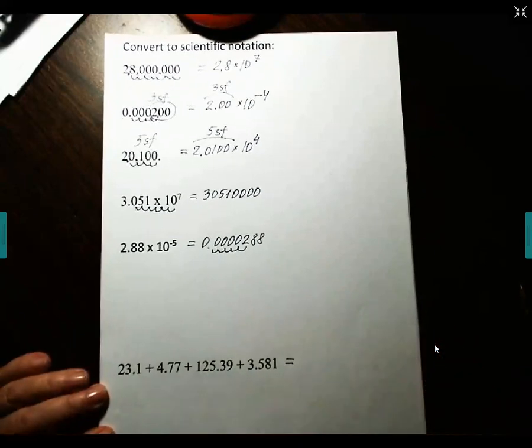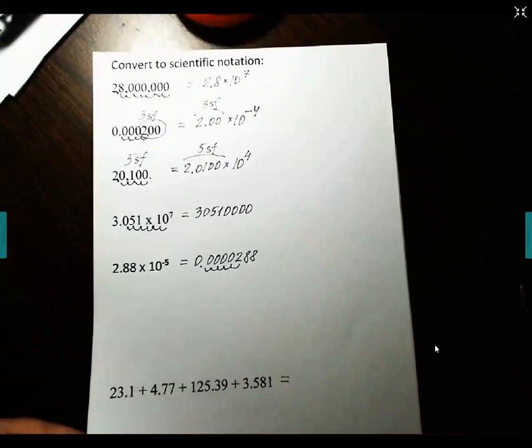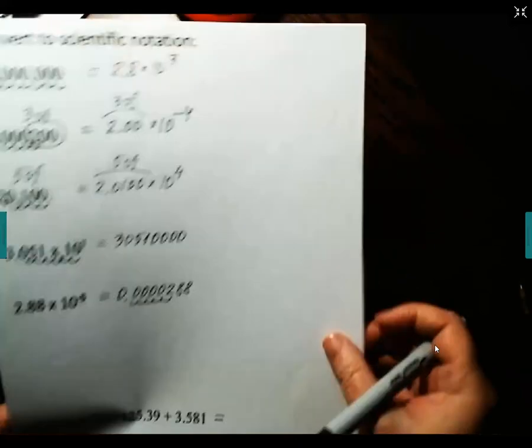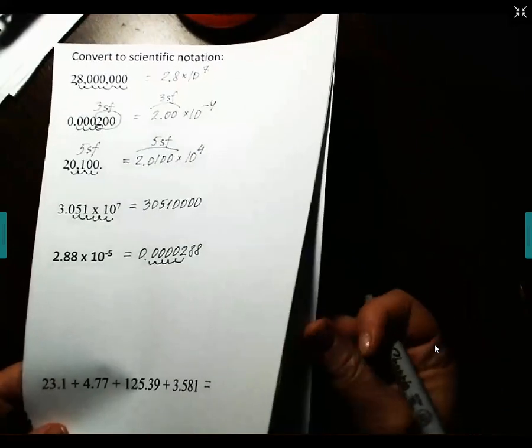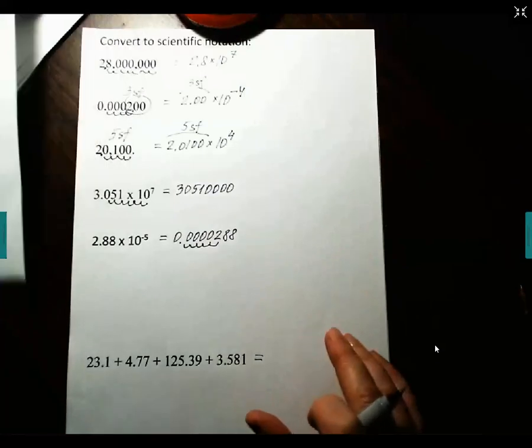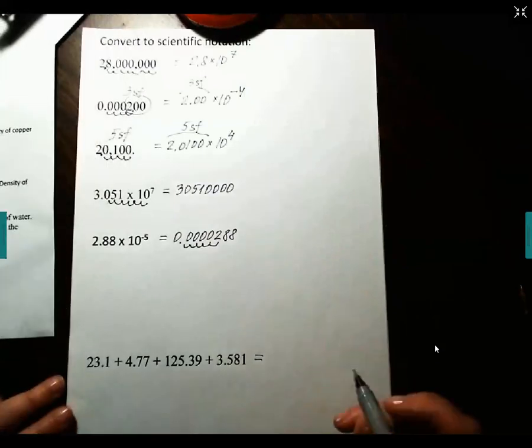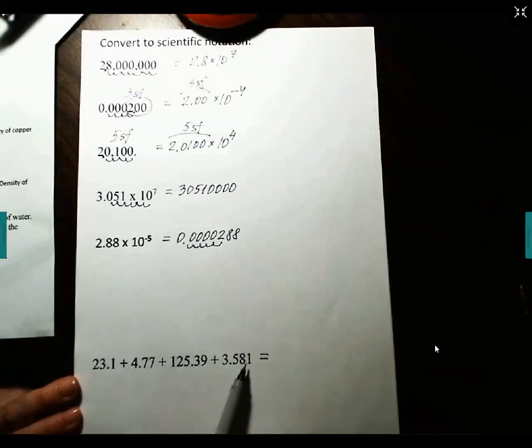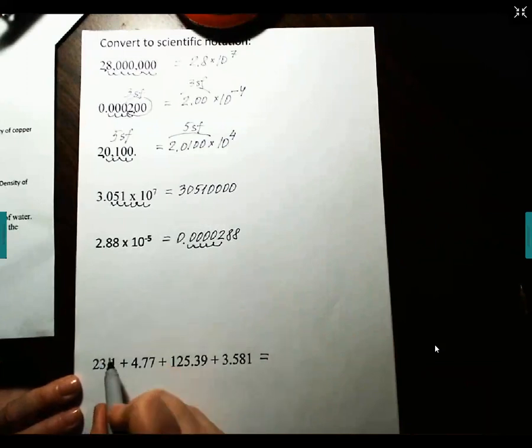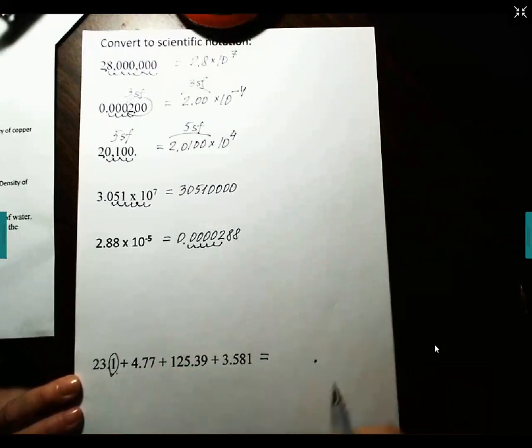Now let's check how we can do calculations, in particular addition and subtraction, and keeping the correct number of significant figures. So when we are doing addition, we should keep the smallest number of decimal places, which is in this case 1. So our final result should contain just 1 decimal place, and it doesn't matter how many digits before this decimal place.